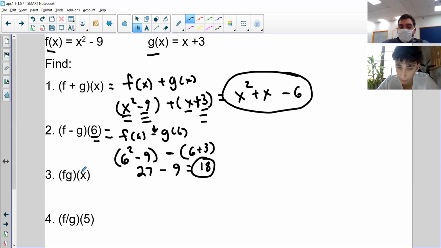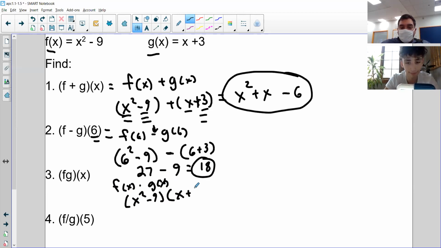This one, fg of x, is the same thing as saying f of x times g of x. So it's x squared minus 9 times x plus 3.